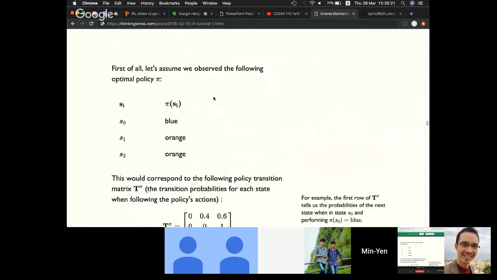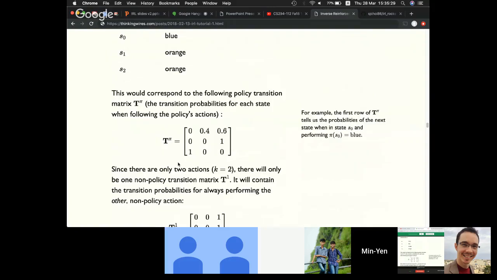So let's say we have an optimal policy. At each state, we know exactly what we're going to do. We're going to choose one of the two actions, blue or orange. So then I have this probability matrix that I'm going to get. Oh, this is our transition matrix, right? Yeah. Okay.